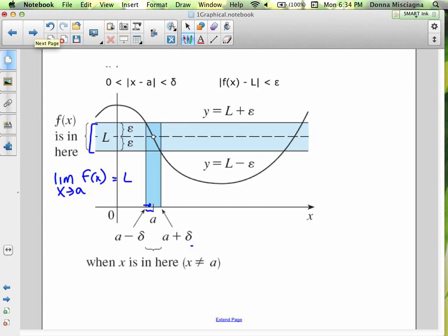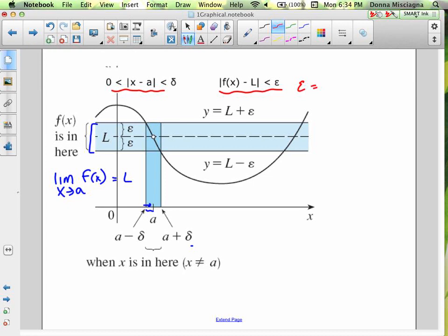And our proof is going to involve this. So epsilon here, this is epsilon. That's just the difference between f of whatever we're approaching. So in this case, it's a, so it's going to be f of a.